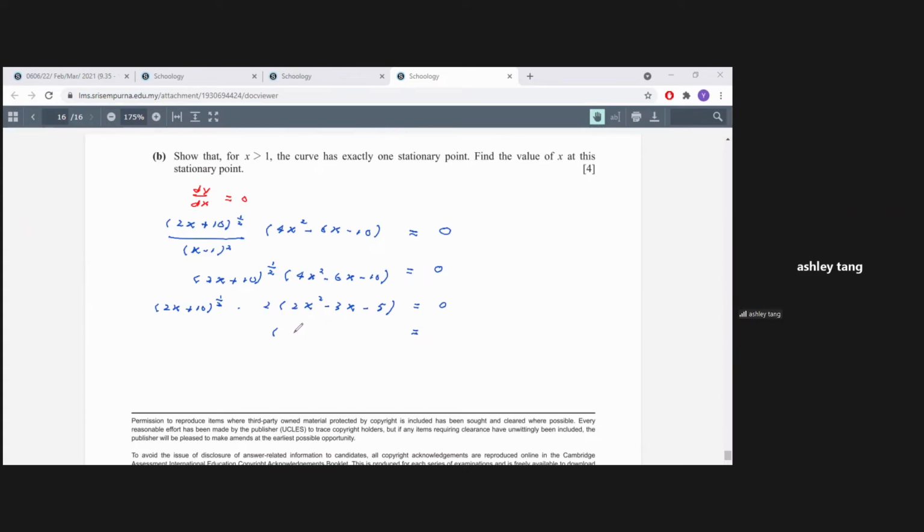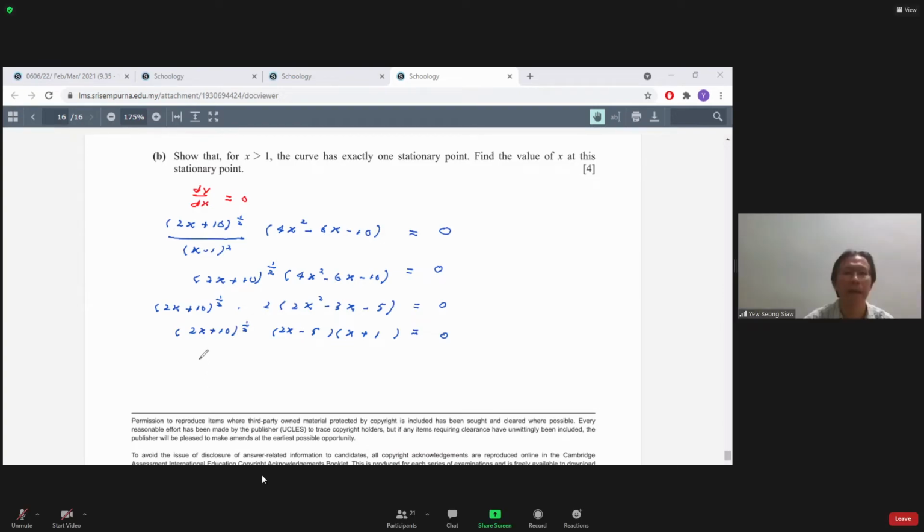Can factorize: 2x minus 5, x plus 1. Okay, so what is the x value? This one must be equal to 0. 2x squared plus 10 equal to 0.